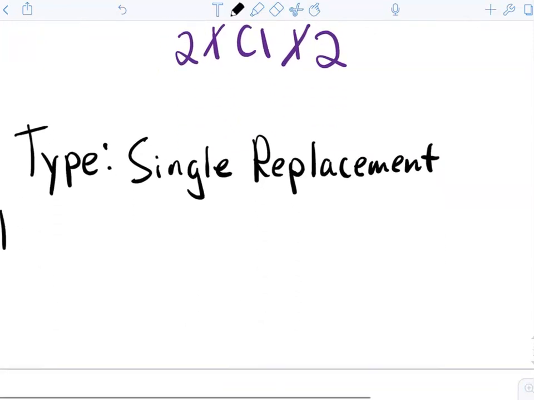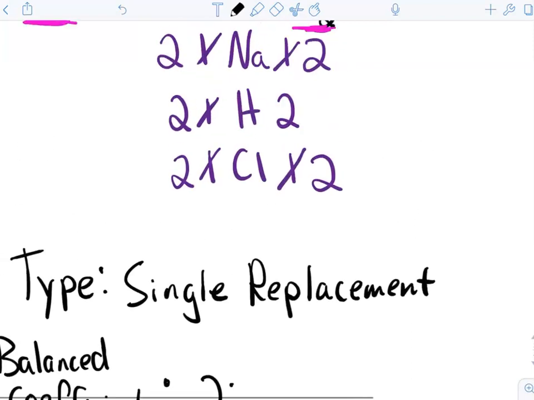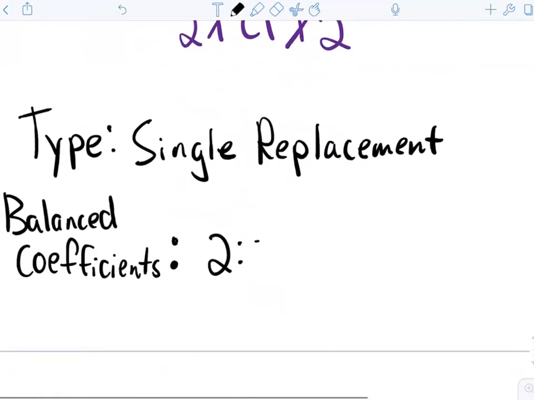And then the balanced coefficients are going to be 2, 2, 1, and 2. Okay? We've got a couple more examples and then we will be done.